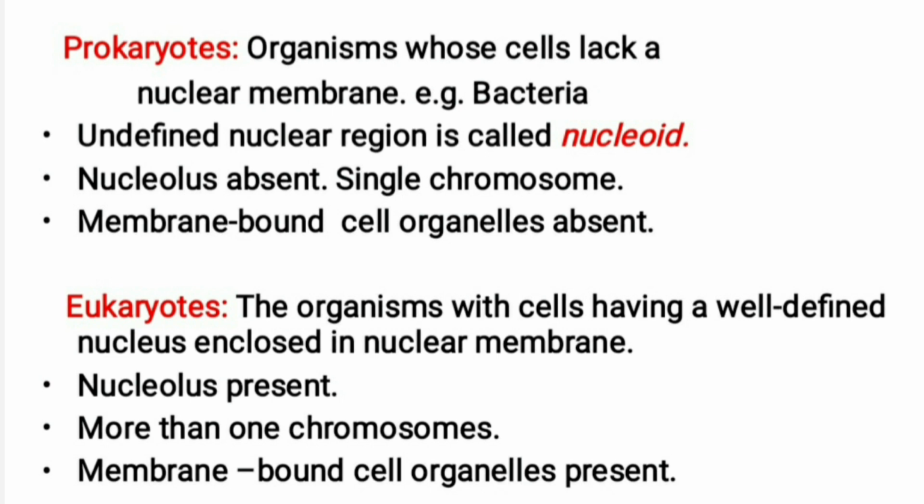That means a well-defined hereditary material or nuclear region is present inside the eukaryotes. Nuclear membrane is present. Membrane-bound organelles are present in the cytoplasm. More than one chromosome is present. All plants, animals, and fungi are examples of eukaryotes.